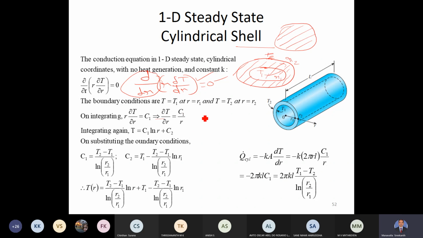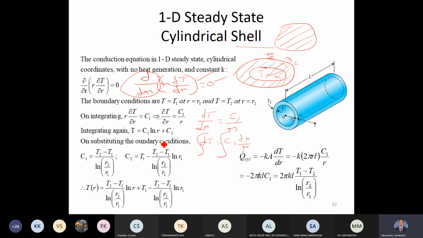So what we have here is dt by dr is equal to c1 by r. We have to integrate it once again using the variable separable method. So this is dt is equal to c1 dr by r. We can integrate on both sides. c1 is constant, it will come outside. The integral of dr by r is the natural logarithm of r.